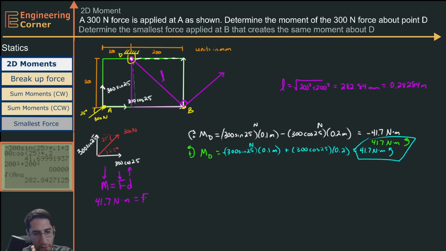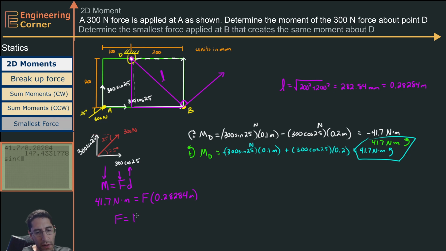And we're looking for a force, but we know that the maximum distance we can have is 0.28284 meters. So now we can solve for my force, and the minimum force that I can have is going to be 41.7 divided by this 0.28284.